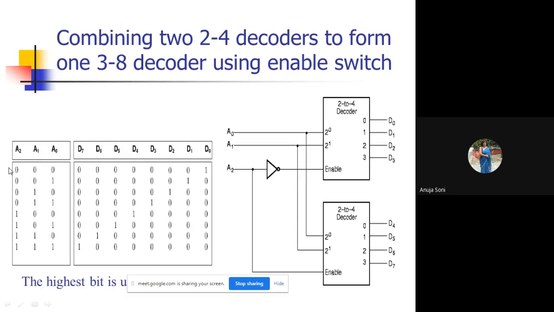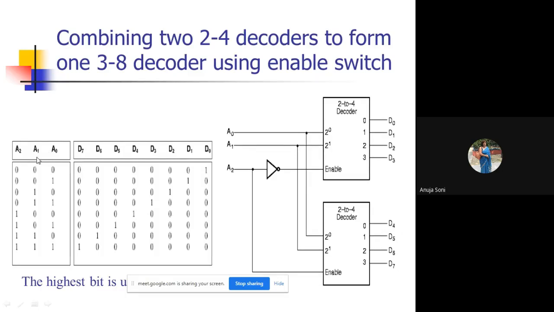Why? Because this 0 is there on the upper side only, in the first 4 combinations, and in that case it generates the 4 decoder outputs D0, D1, D2, D3. Whereas where A2 is 1, it is directly connected to the next decoder. In that case, it will generate the next 4 output values: D4, D5, D6, D7.